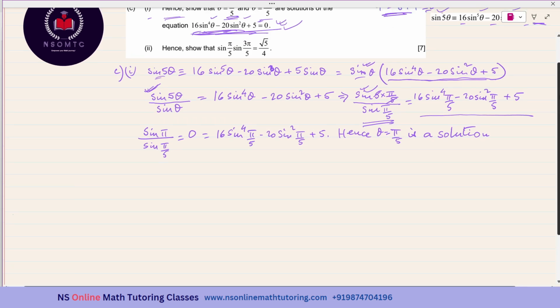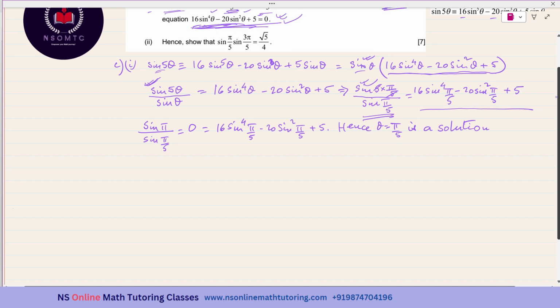Similarly, I will be taking the 3 pi over 5. And I'll be using the same equation. I don't have any other equation. So it is sine 5 times 3 pi over 5, and these two will be getting cancelled, and sine 3 pi is again equal to 0.